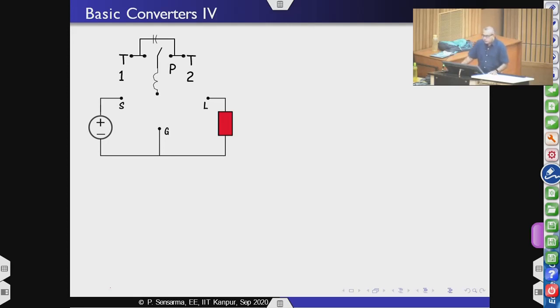You could choose any one of these, but the obvious one to select would be the pole of that SPDT. So, that is what we have attached it to, and let us see what is the most obvious connection that we get.